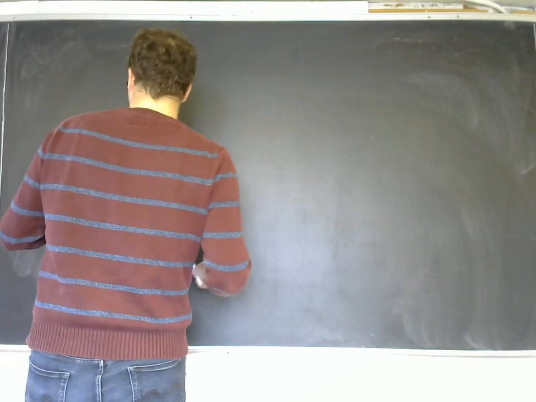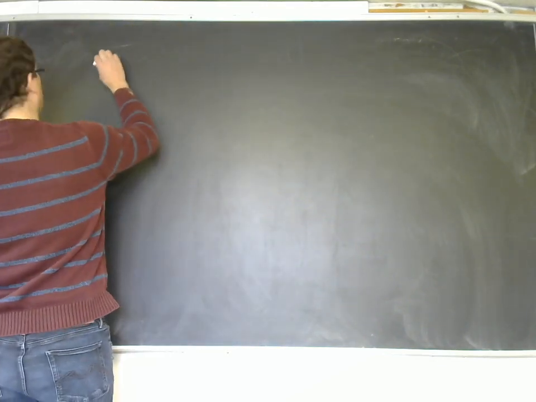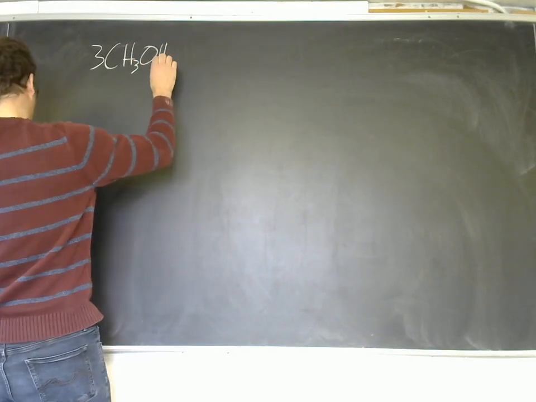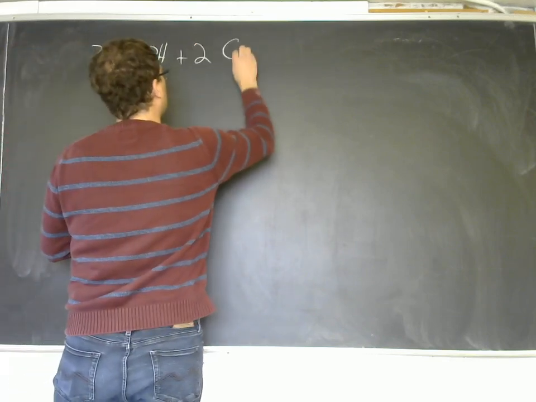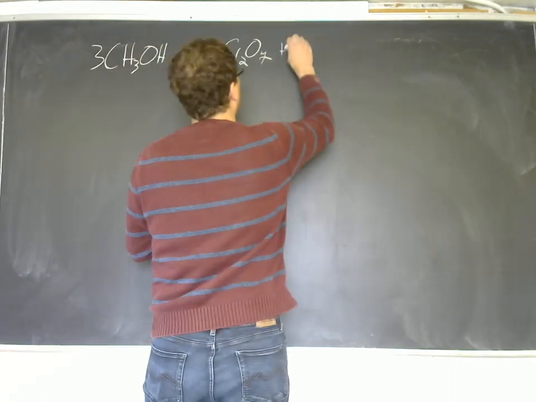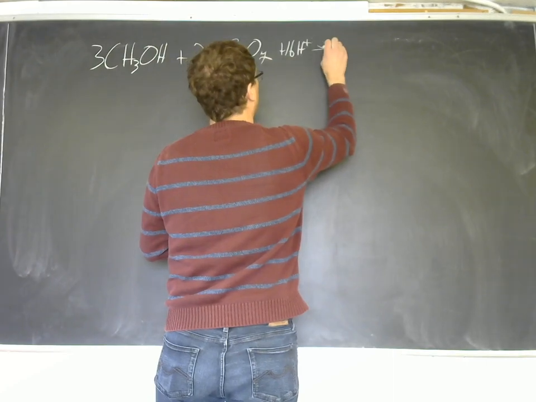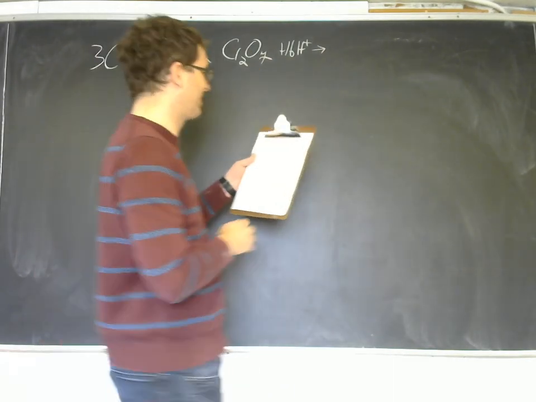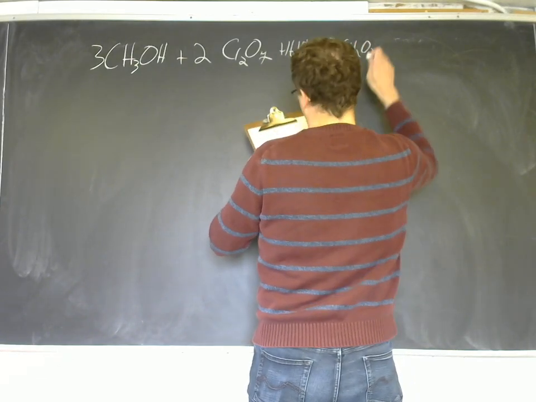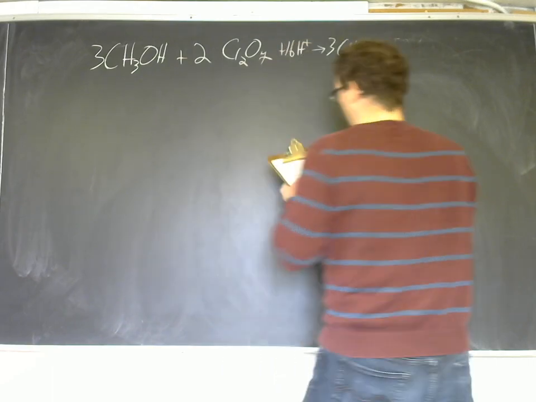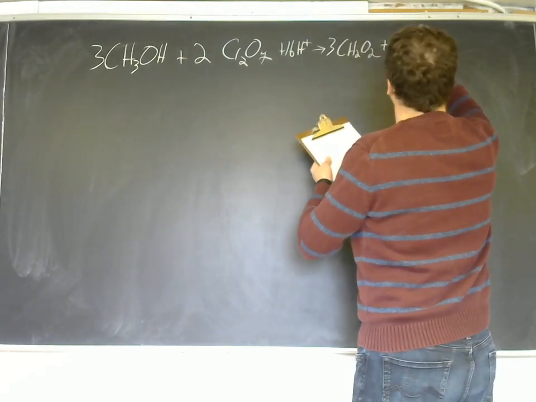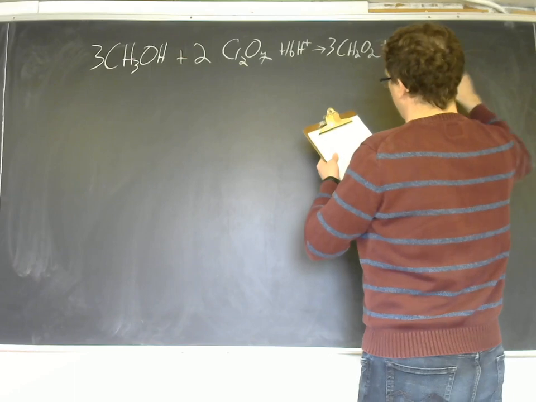Suppose you have the reaction of 3 CH3OH (methanol) plus 2 Cr2O7 2- (dichromate) plus 16 H+, and I'm running out of room here, so I'll write real small, is going to yield 3 CH2O2, that's formic acid, plus 4 Cr3+ plus 11 H2O.